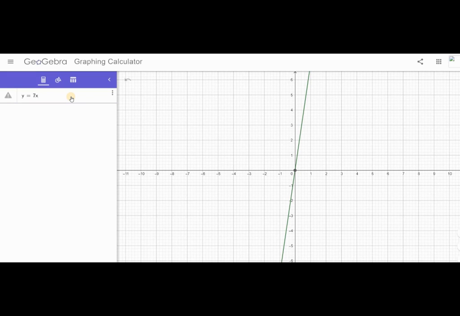Hit Shift 6 to get to that exponent key. It's kind of hard to see, but I do have my cursor up here, and it's flashing in the position that the exponent needs to be in, which is 3. So use your arrow key to scroll over toward the right and then finish typing up your problem.